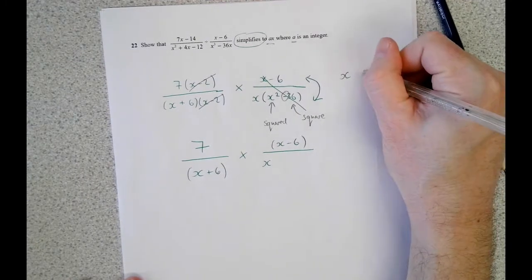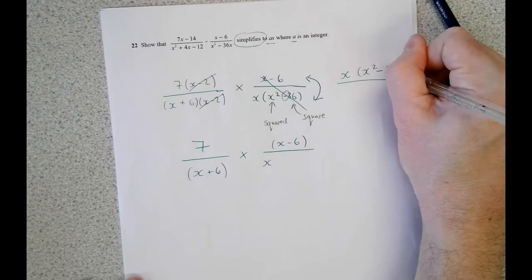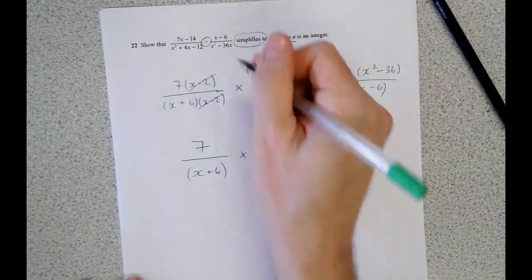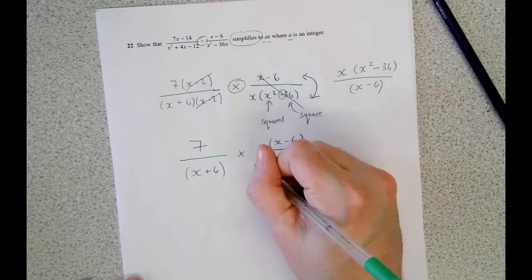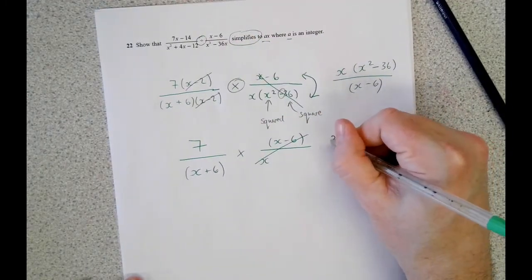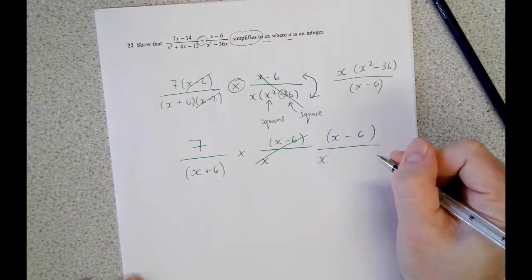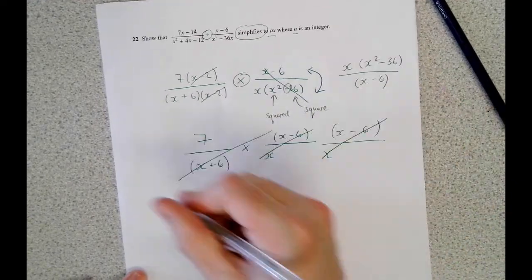That should have said here x squared minus 36 over x minus 6. Because of this, divide has changed to a times, and I should have flipped that. I haven't. I've left it exactly the same. So just put a line through that and change that to x minus 6 in a bracket over x. Why am I doing exactly the same thing again? Sorry. Let me start that line again.